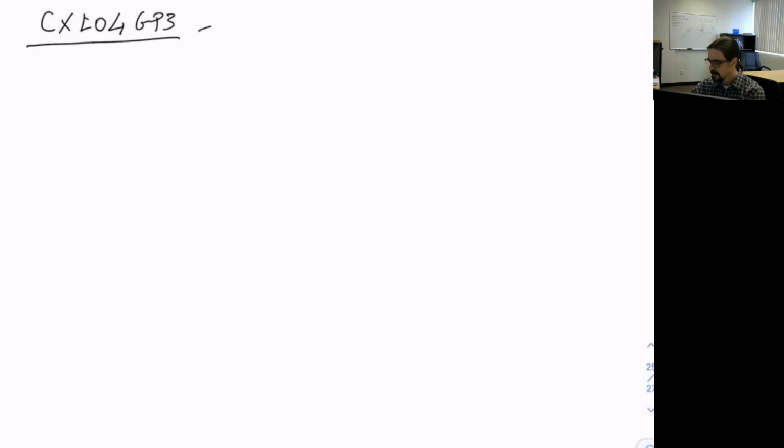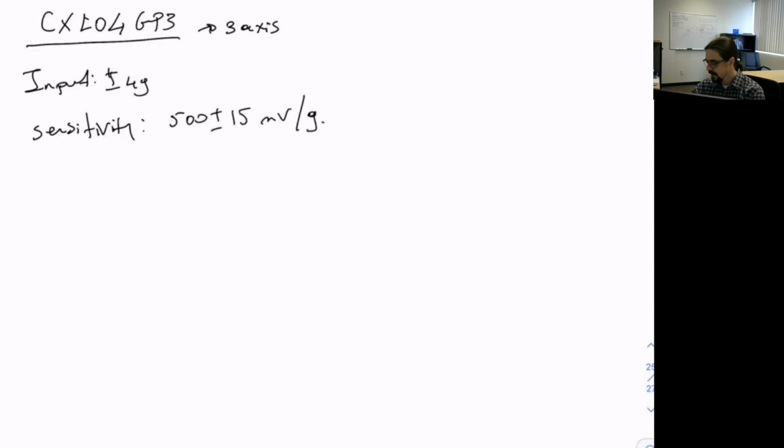This is a 3-axis accelerometer, and it has an input range of plus minus 4G, okay, and it also has the sensitivity, right, of 500 plus minus 15 millivolts per G, okay.